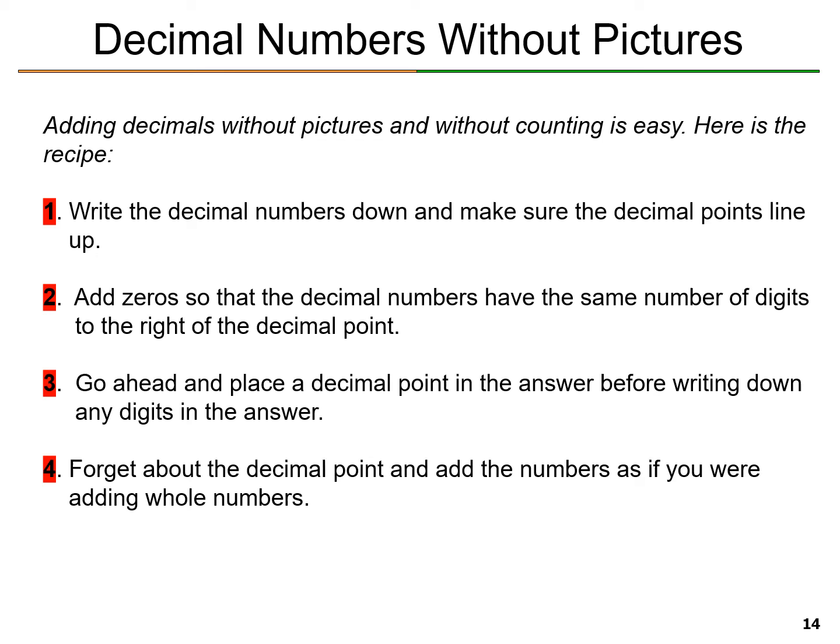Step 2, add zeros as placeholders so that the decimal numbers have the same number of digits to the right of the decimal point. Step 3, go ahead and place a decimal point in the answer before writing down any digits in the answer. Step 4, forget about the decimal point and add the numbers as if you were adding whole numbers.